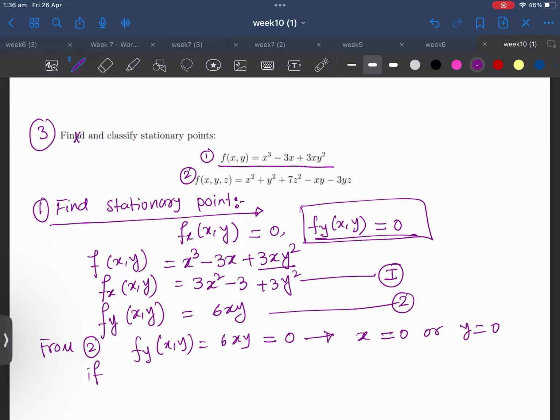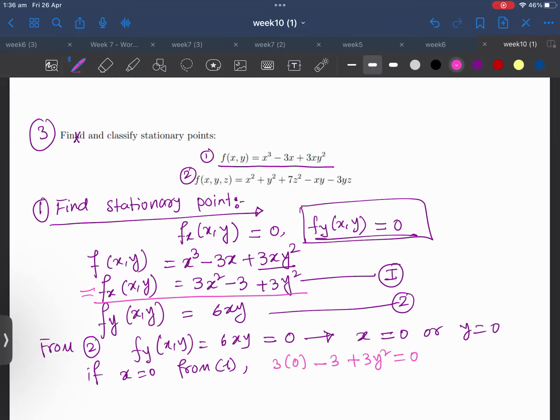If x equal to 0 from equation 1, then we put x equal to 0 here, plus 3y squared equal to 0.